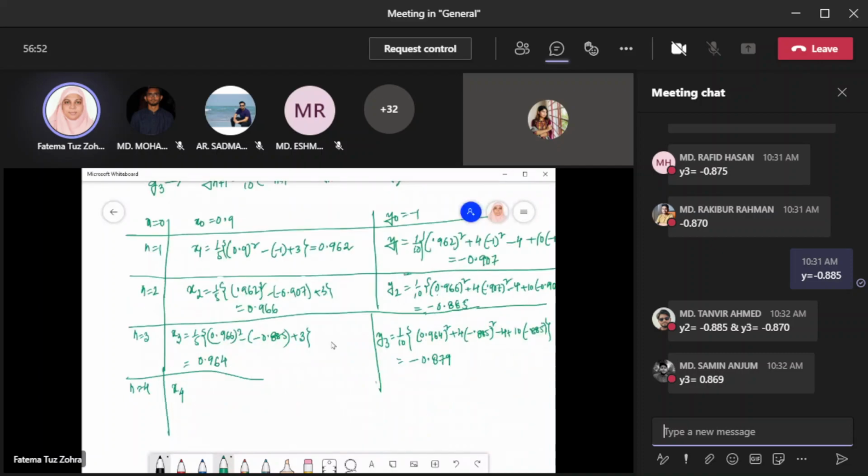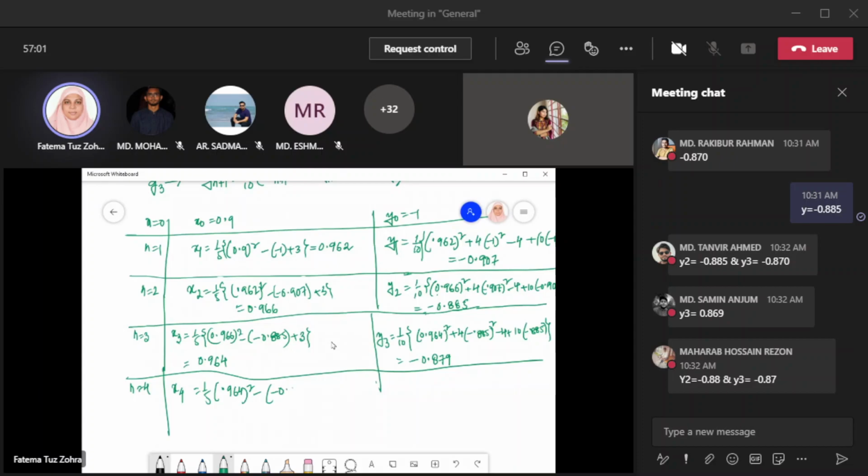x4 is 1/5, 0.964 whole square minus of minus 0.879 plus 3, which gives 0.962.